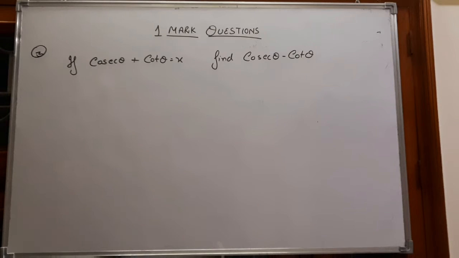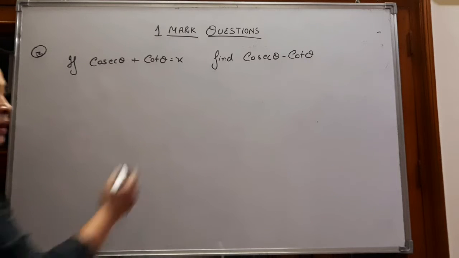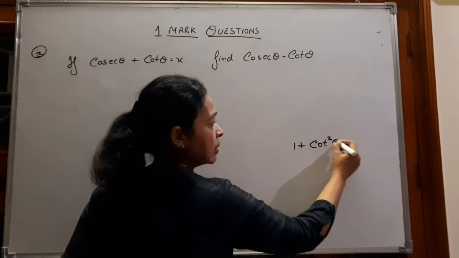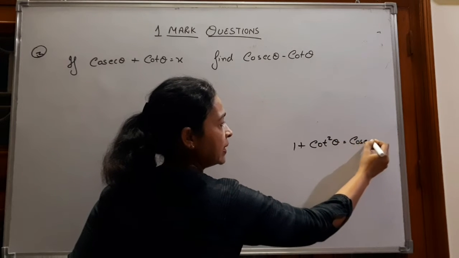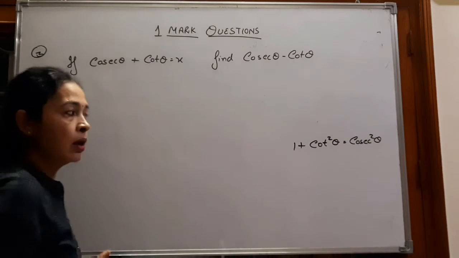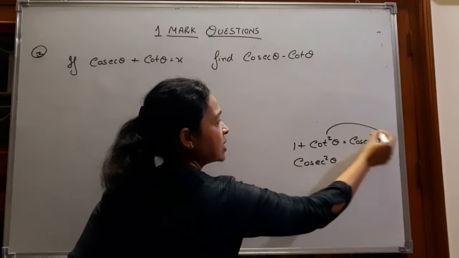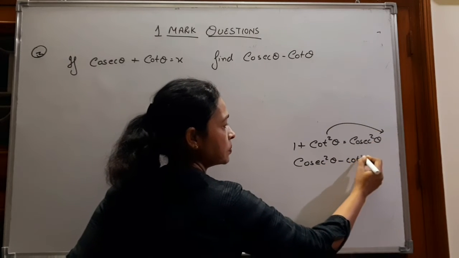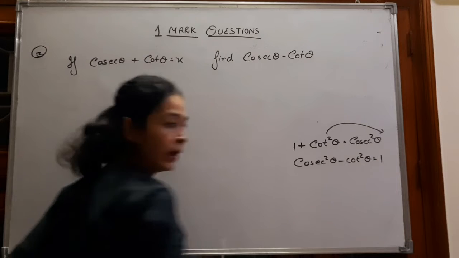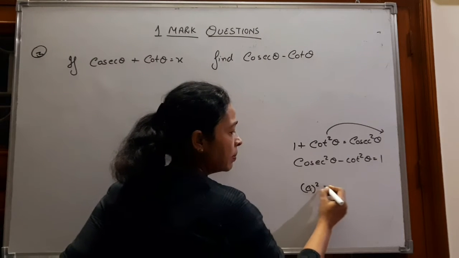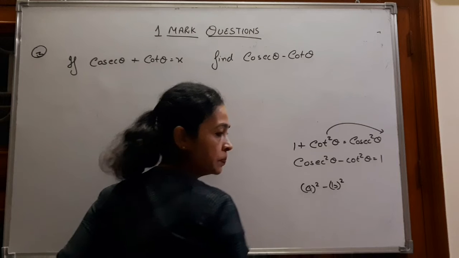If cosec theta plus cot theta equals x, we have to find the value of cosec theta minus cot theta. बच्चे, we have the identity 1 plus cot square theta equals cosec square theta, and cosec square theta minus cot square theta equals 1. And what is a whole square minus b whole square?